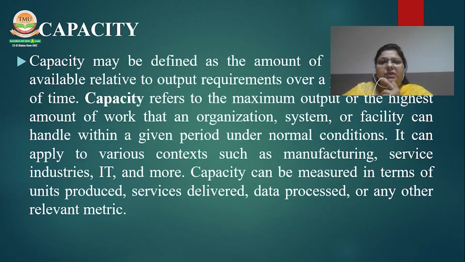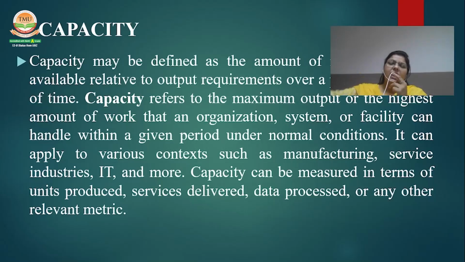Basically, capacity means how much your organization is capable of, in comparison to the input: how much you can produce, and whether your output is equal to your input, in other words, whether you are efficiently using your input.